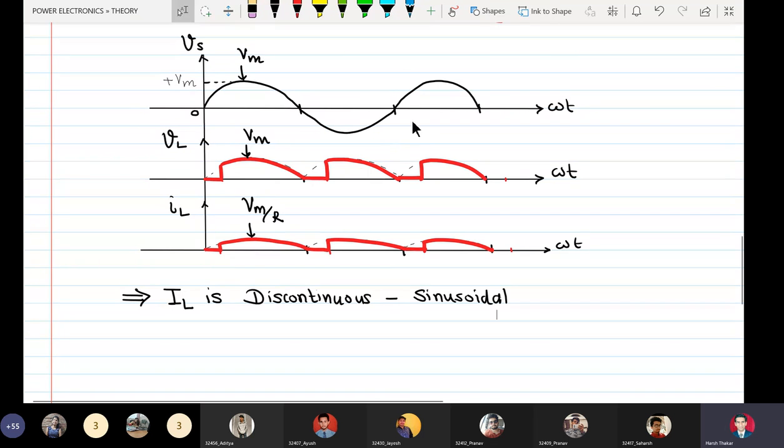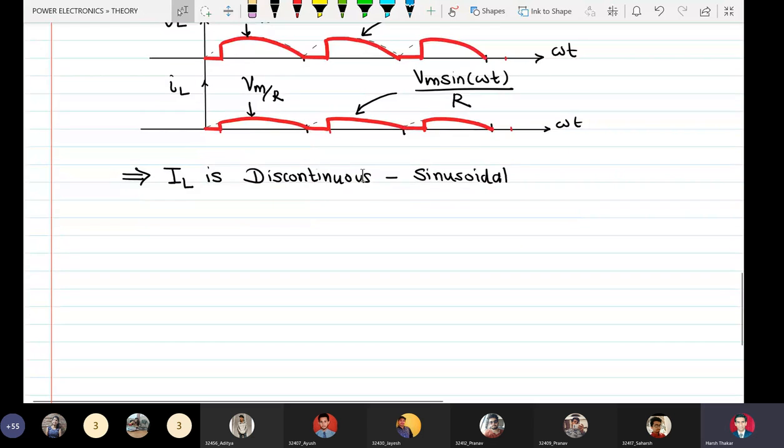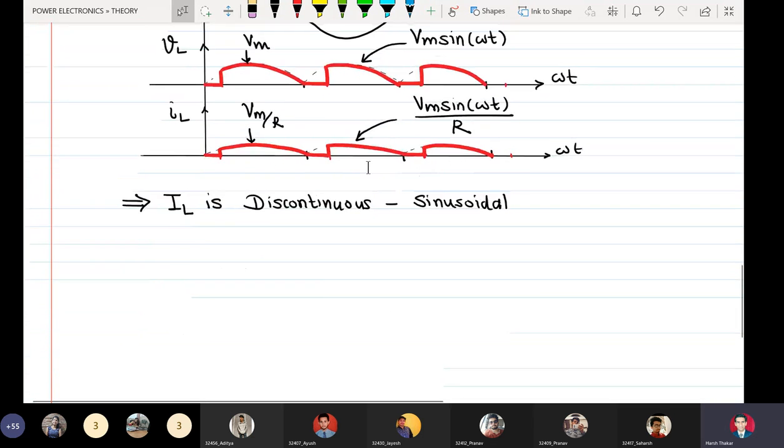Why? Because the load voltage follows the mathematics Vm sin omega t, and the load current follows VL upon RL, R, instantaneous value. Okay, so discontinuous sinusoidal.